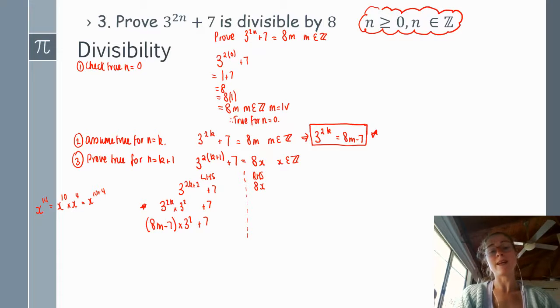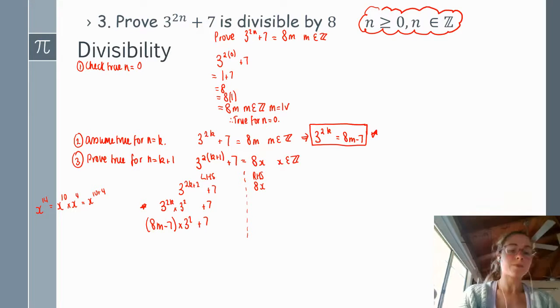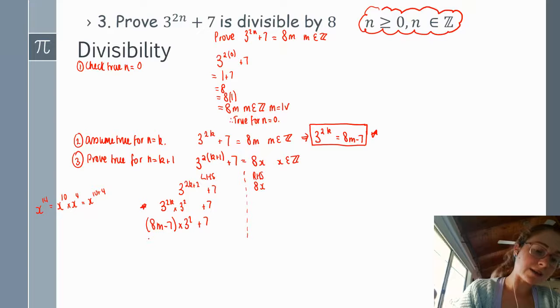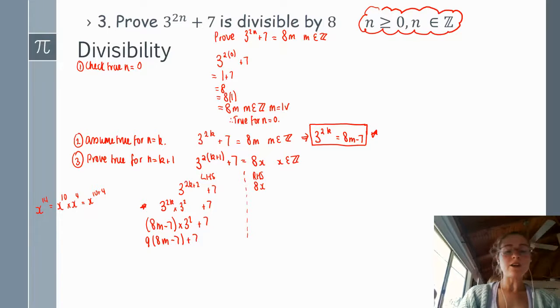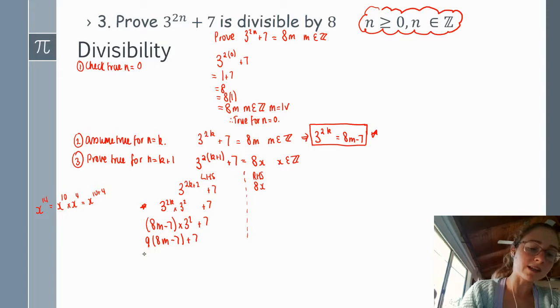So let's just maybe expand this. So I'll get 9 times 8m minus 7, plus 7. Now you can expand this fully. I'm going to write it a little bit differently, but feel free to go ahead and expand it. This is the same thing as 8m times 9 minus 7 times 9 plus 7 times 1.